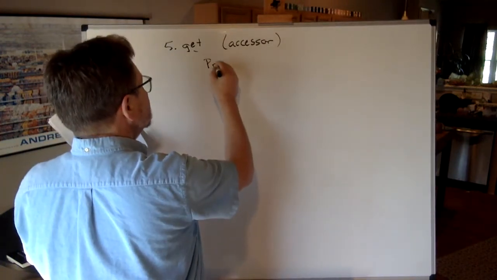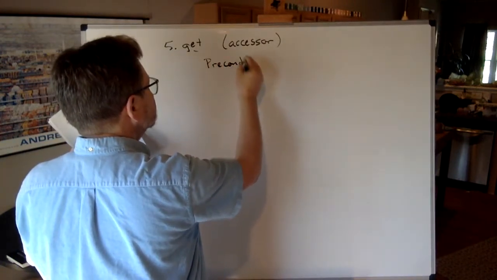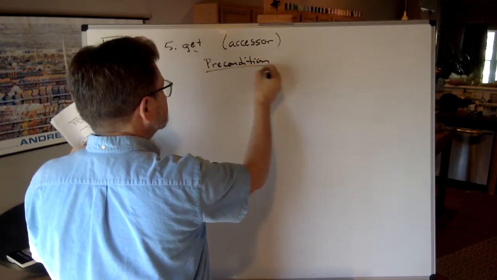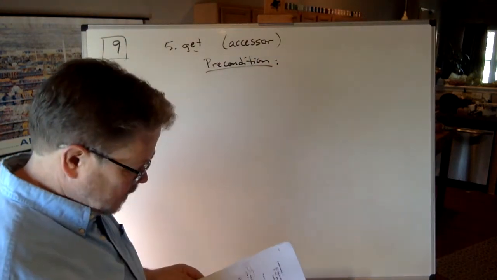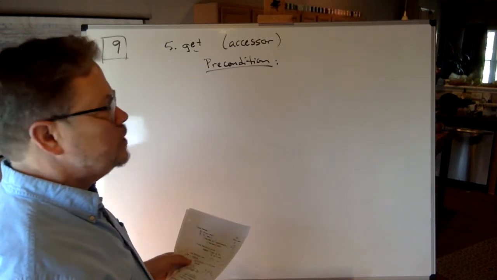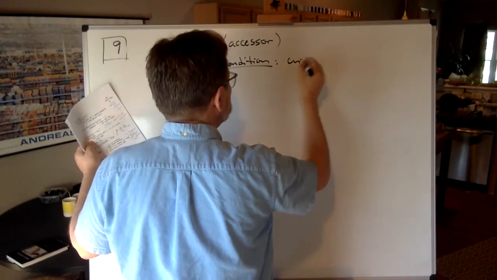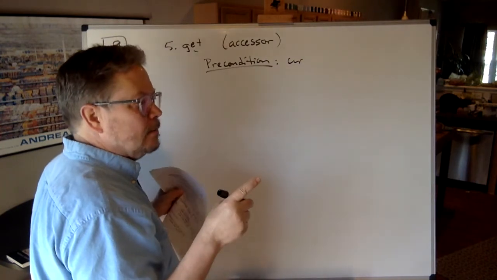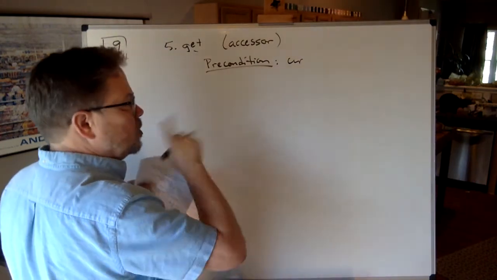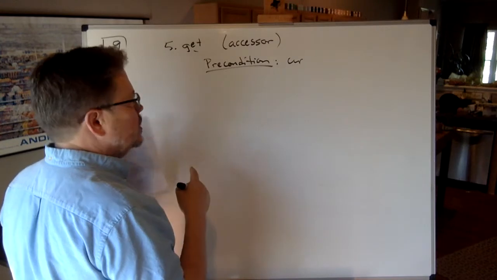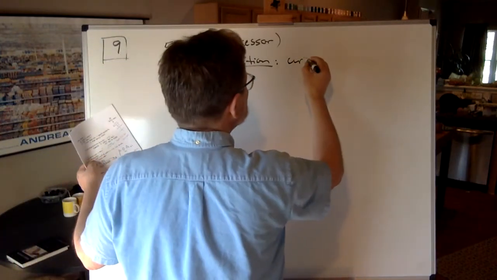And also, it's going to have a precondition. Precondition is cursor points at the node that precedes the node to read. Remember, the precondition is something that the main program is responsible for doing. So the main program's going to have to call move around or whatever with the cursor to get it right where it wants it.